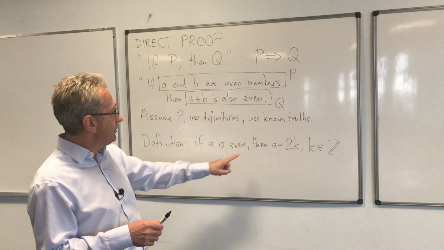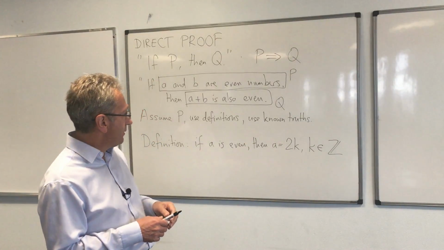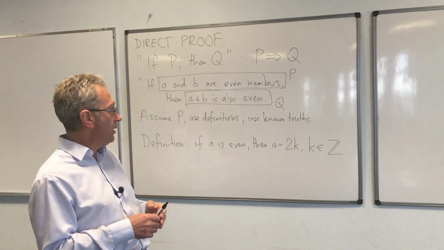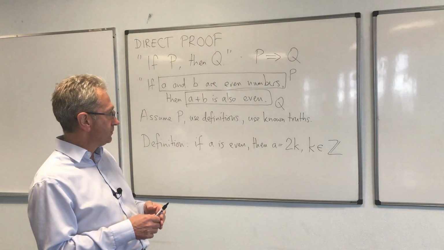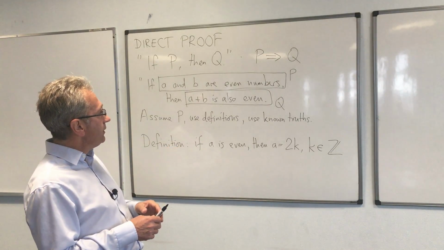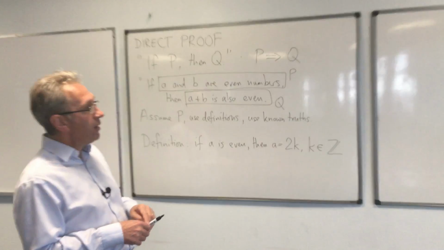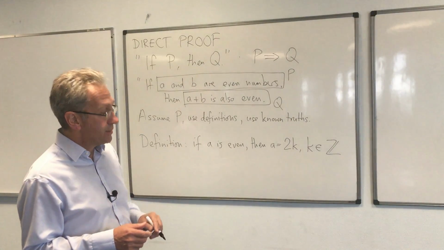So any even number can be written in that form. That's our definition of evenness. So using that definition, we can now try to have a go at the proof.